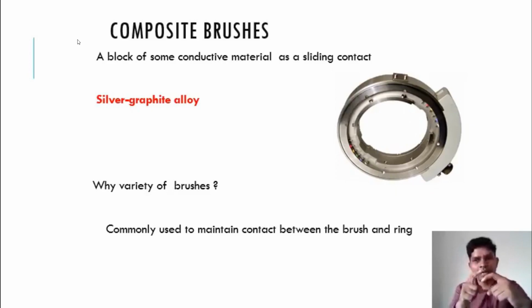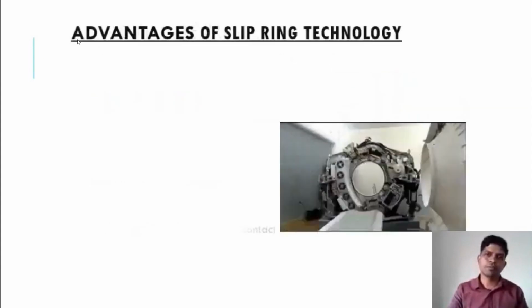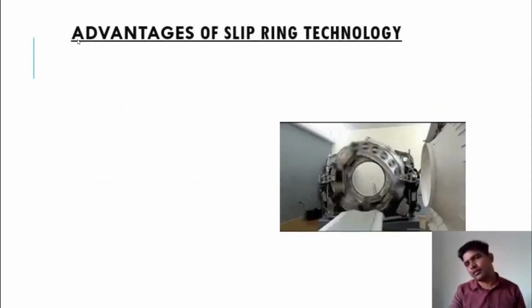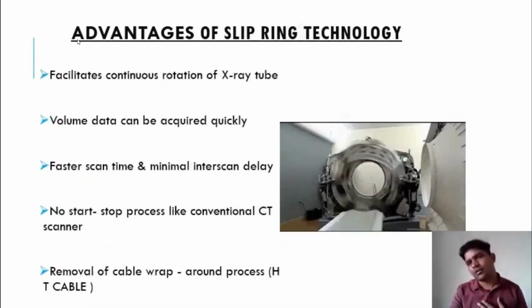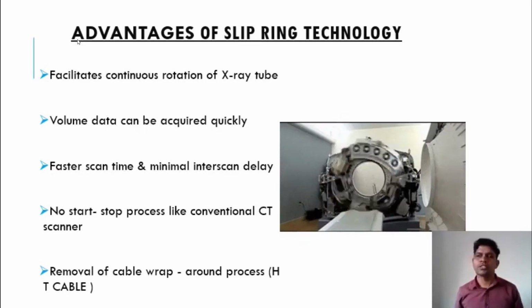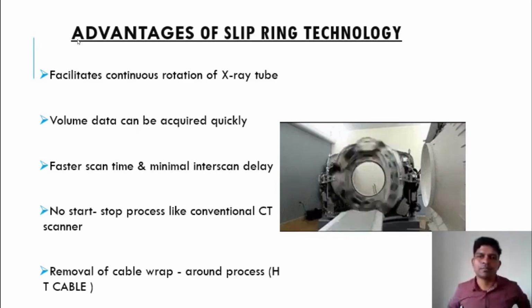In composite brushes, it gives supply continuously in this direction. So that is how the two types of slip ring technologies are used. Because of slip ring technology, as you can see in the animated image, we get continuous 360-degree rotation without any interruption.